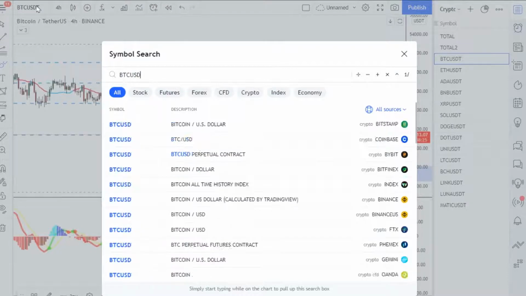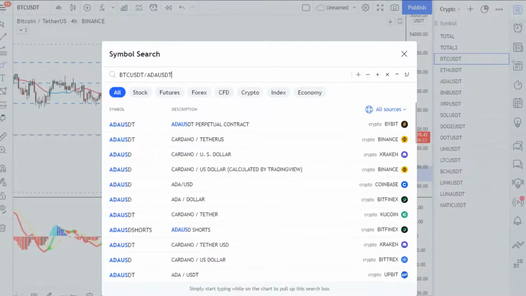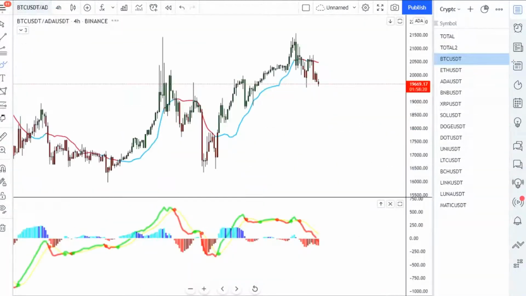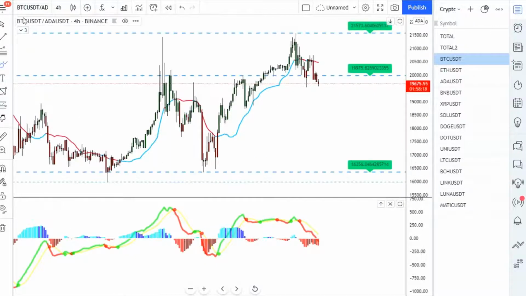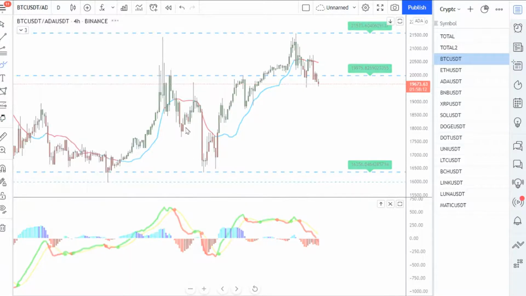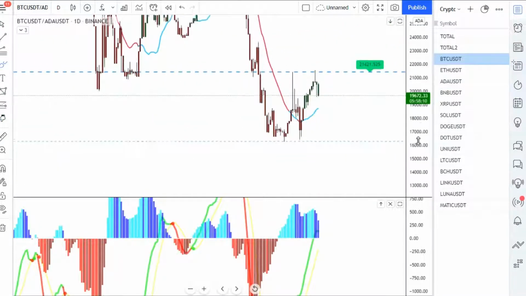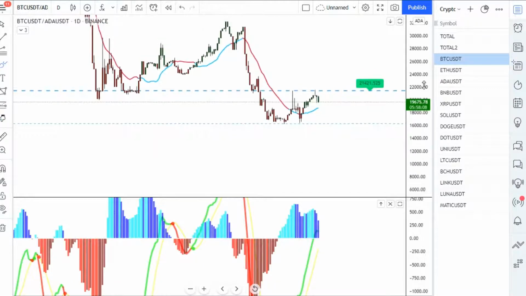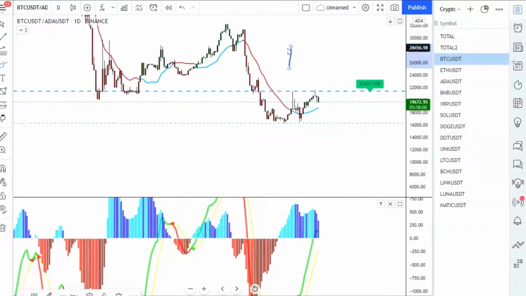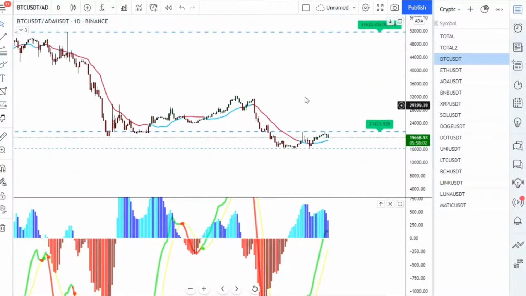If you go BTCUSDT divided over ADAUSDT, okay, so basically that's Cardano, that's Bitcoin divided by Cardano. If you go on the daily, it's been falling for a while. Basically, what does this mean?